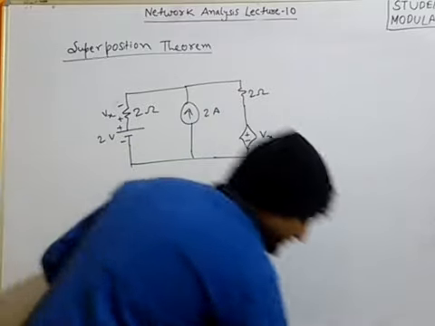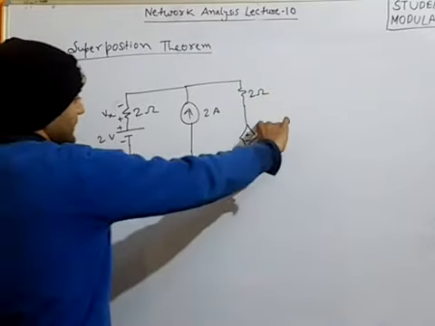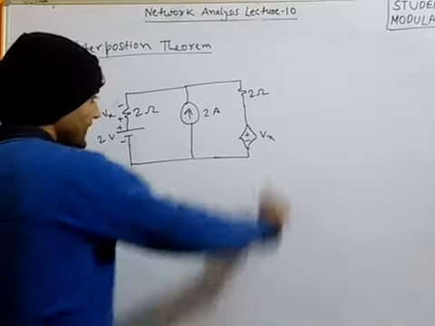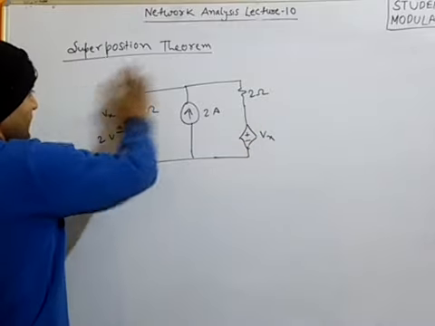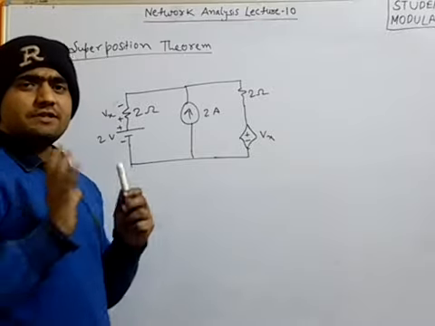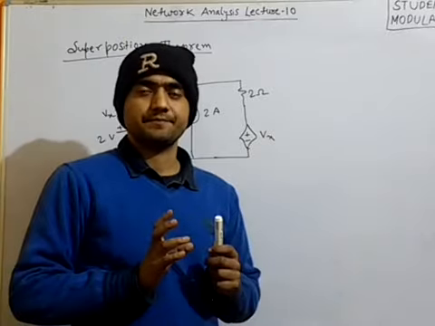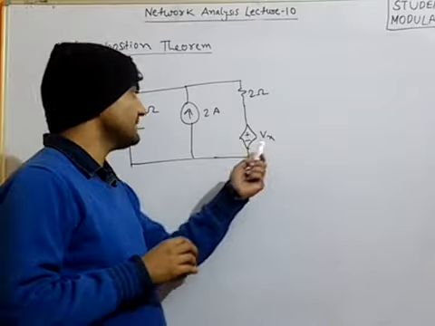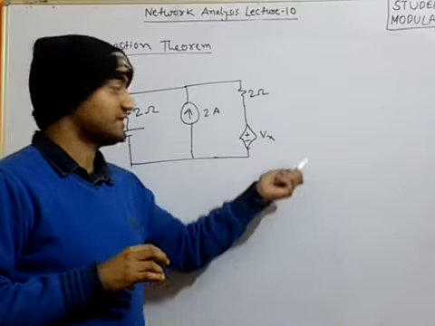So here we can see that we have a dependent source. But for this type of circuit, how will we apply the superposition theorem? There is no special treatment for this dependent source.